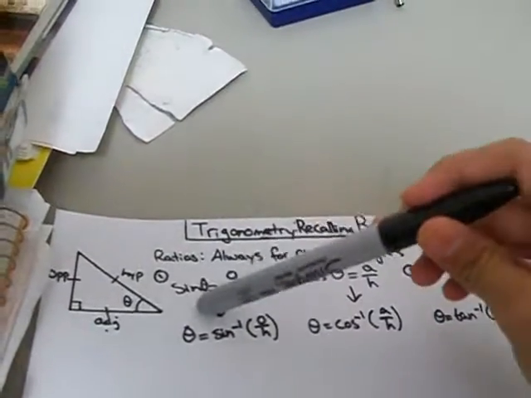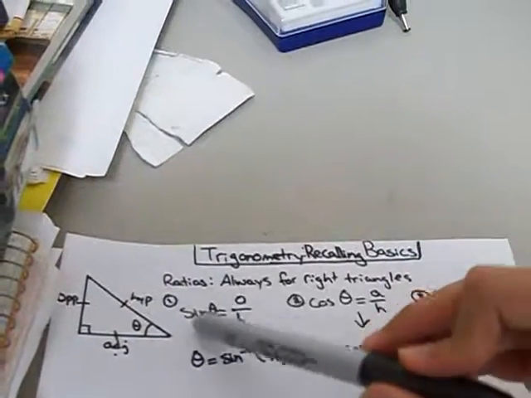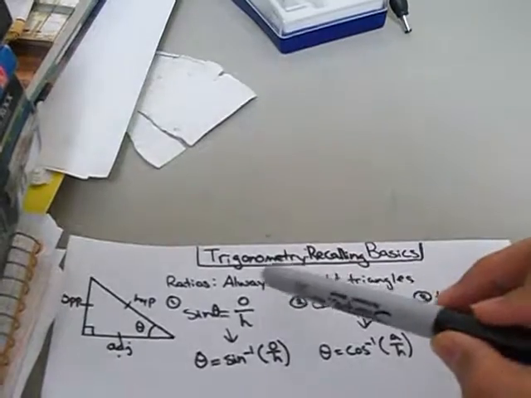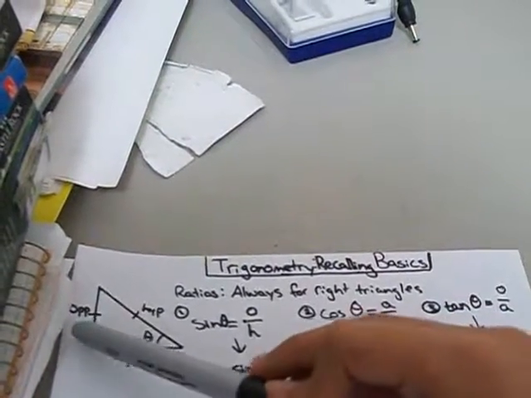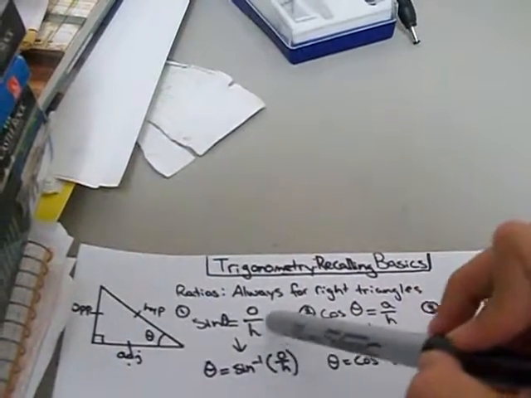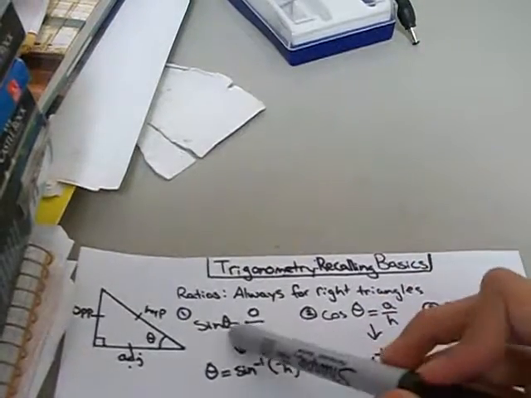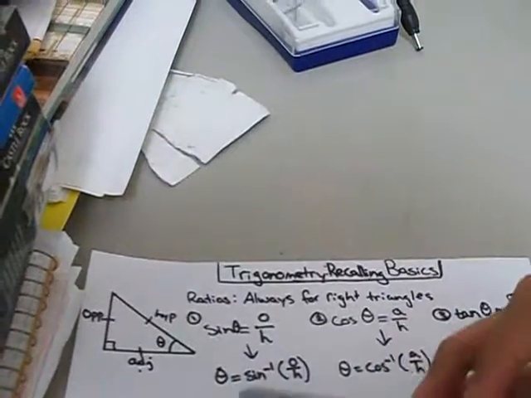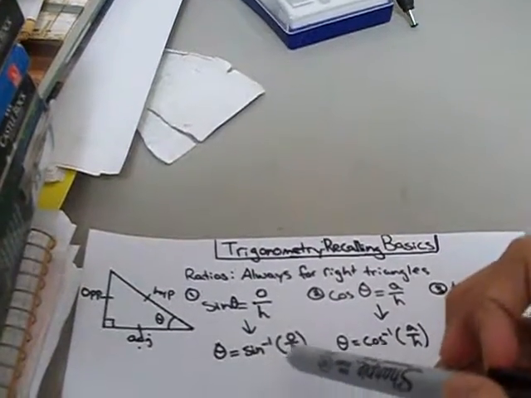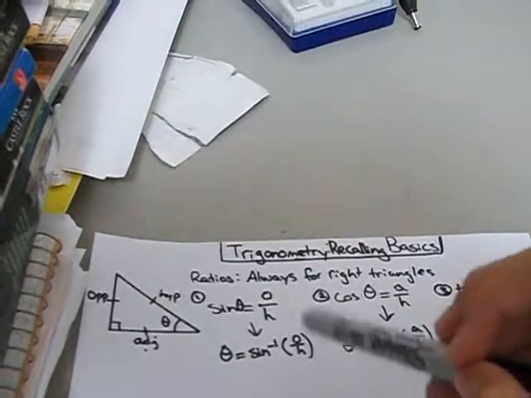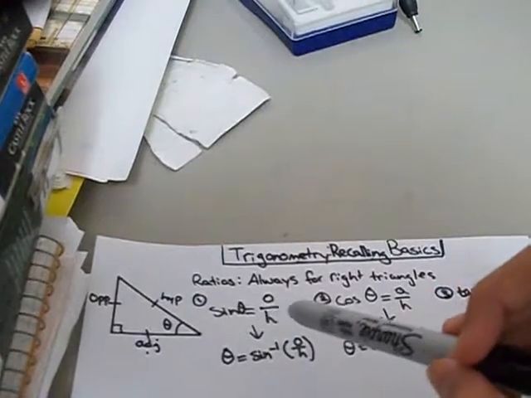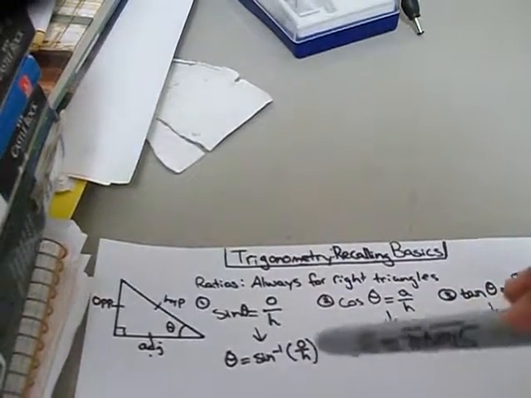One of them is the sine ratio, which states that the sine of the reference angle is equal to the opposite over hypotenuse. Or to break it down, the reference angle itself is equal to the inverse function of sine times opposite divided by the hypotenuse.